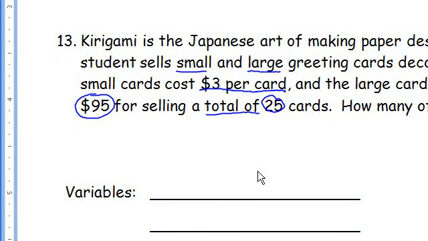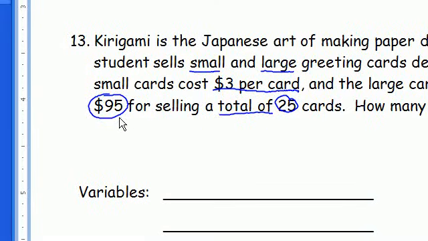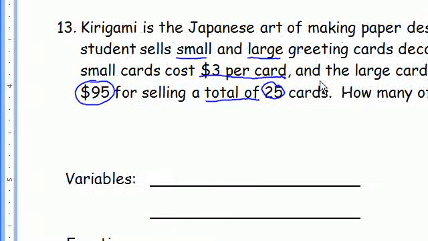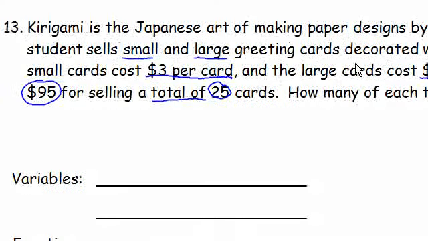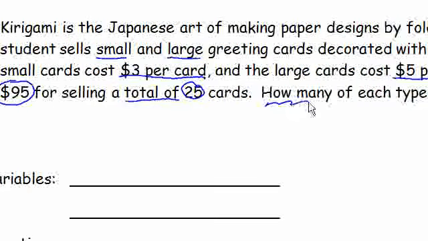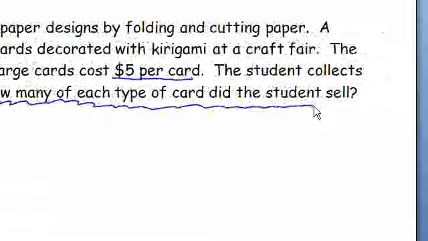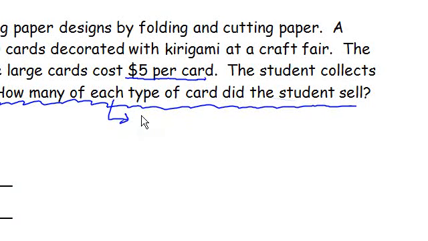So here's what we do. First, find the total amounts. Or no, actually, let's back up and figure out what are we trying to find. How many of each type of card did the student sell? Well, what types are there? There's the small card and there's the large card. So that's what we don't know. That's what we're trying to figure out. Therefore, those are our variables.